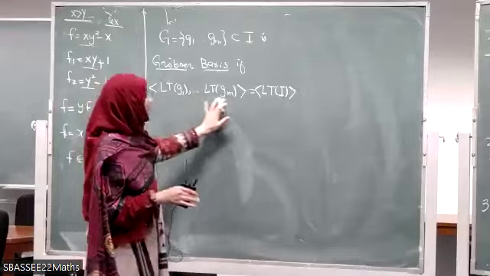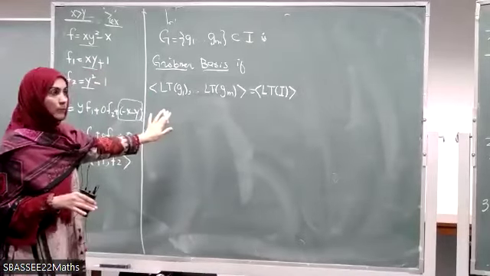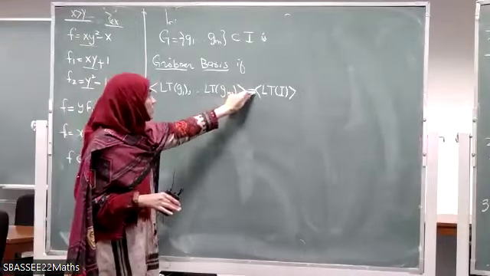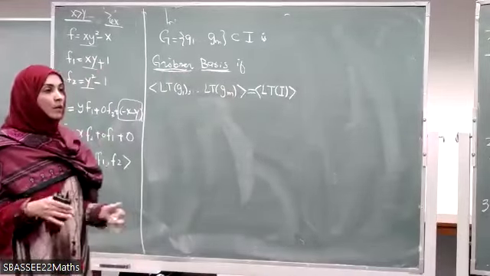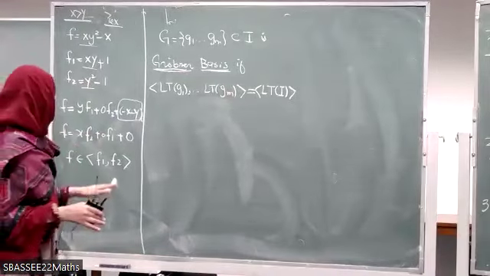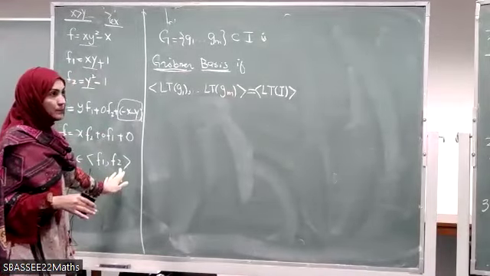You can see that these are monomial ideals actually. And if this is true, then we call this a Grobner basis. And now if you work with a Grobner basis, then you will not have such kind of problems here.